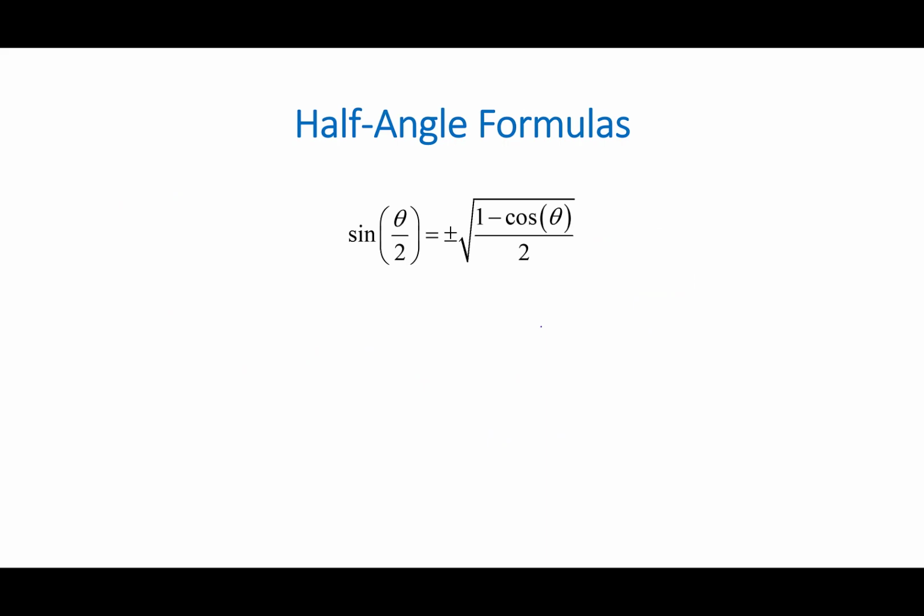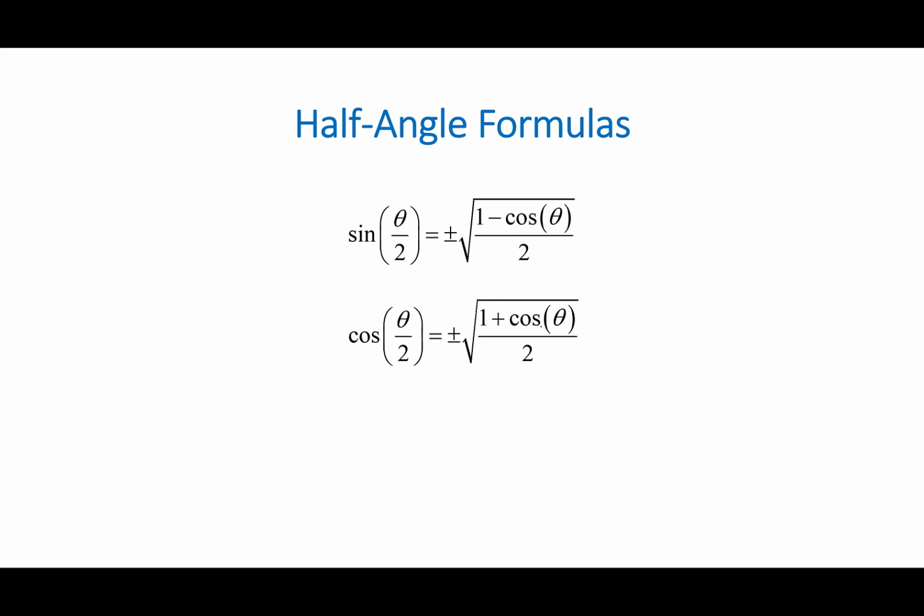Half angle formulas. Again, these are formulas you basically just have to memorize, but it's good to know. The sine of theta over 2 is equal to plus or minus the square root of 1 minus cosine theta over 2. The cosine of theta over 2 is equal to plus or minus the square root of 1 plus cosine theta over 2.